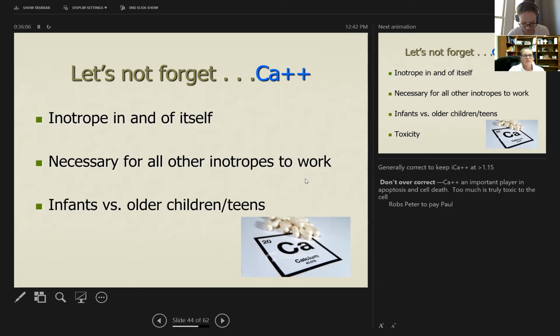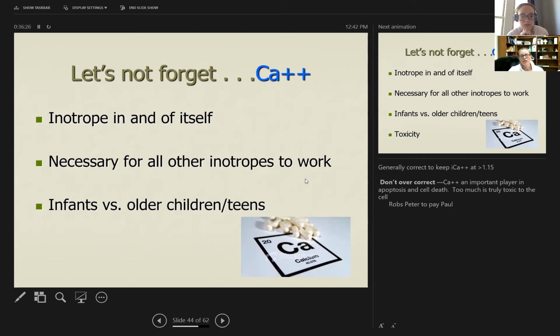Infants and small humans are particularly sensitive to this, and so very small babies will often be put on a calcium infusion to maintain their calcium levels and use that as a vasopressor.